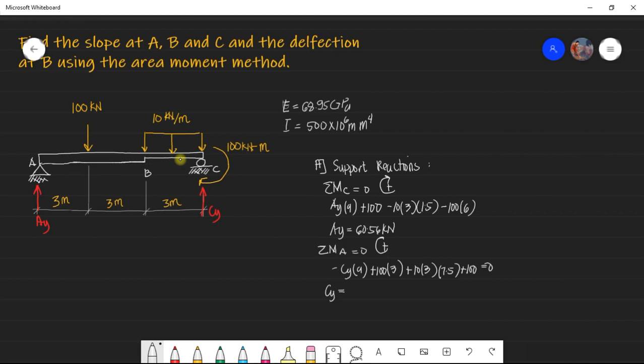So CY is equal to 69.44 kilonewton. So you have the reactions.